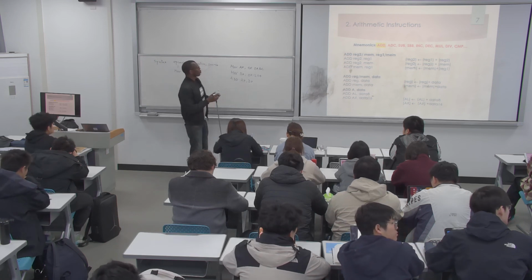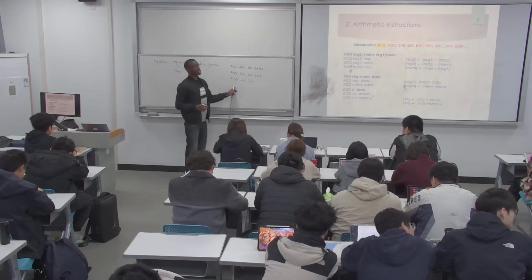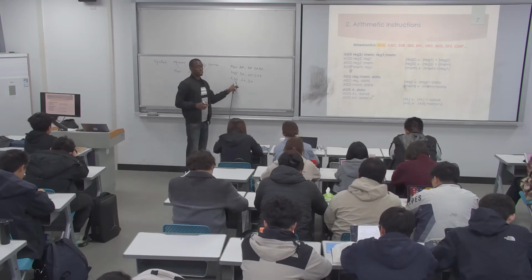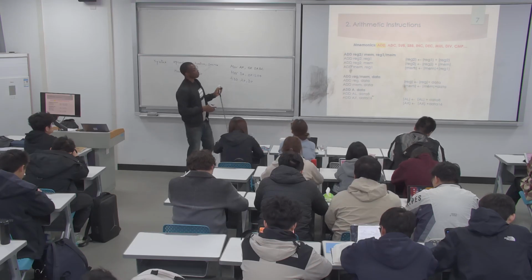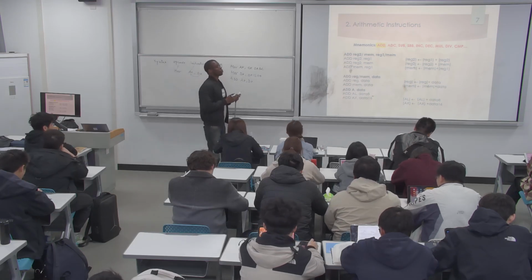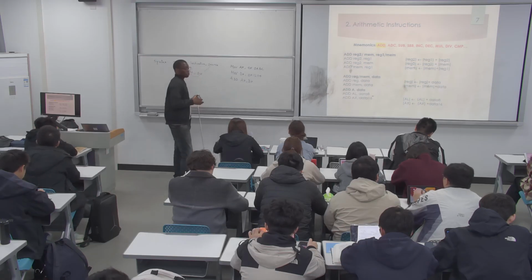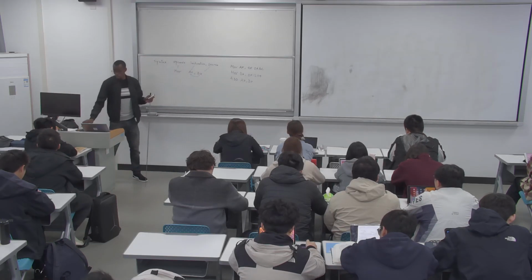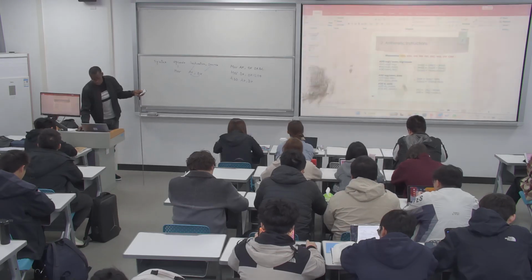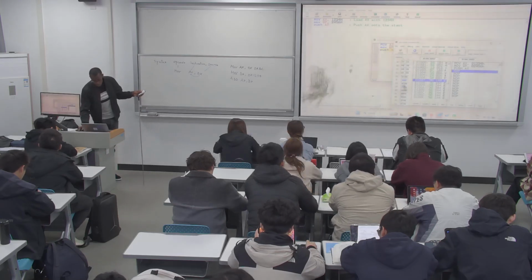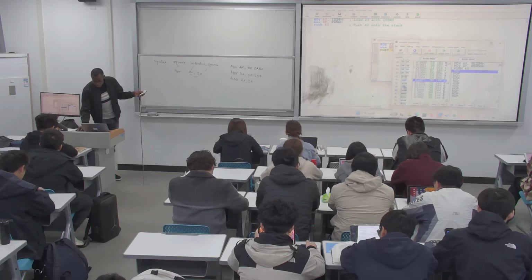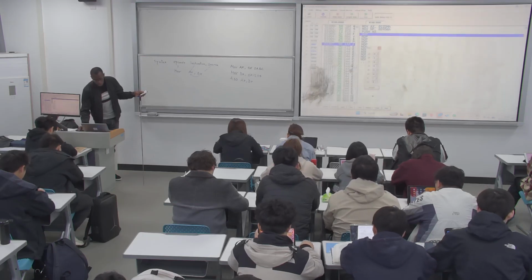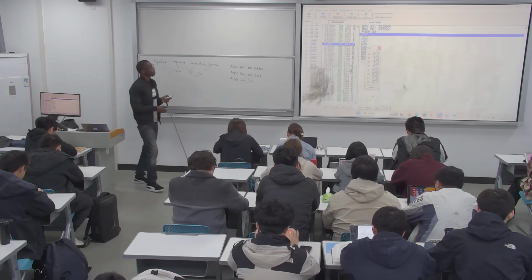Now, ADC does the addition as the add instruction, but it has to take into account the carry from the previous operation. So that's why we have different carries. We have different flags here. Carry flags. Now we see here we have different flags.